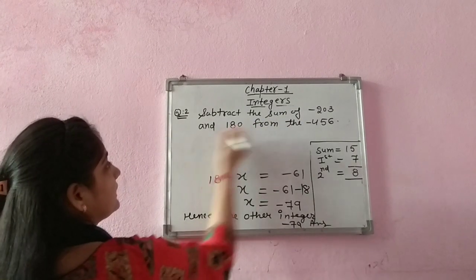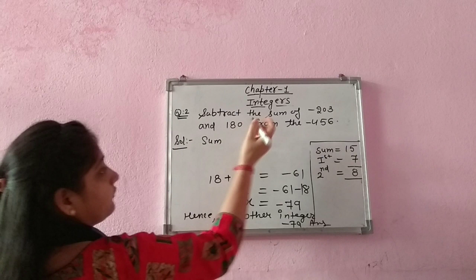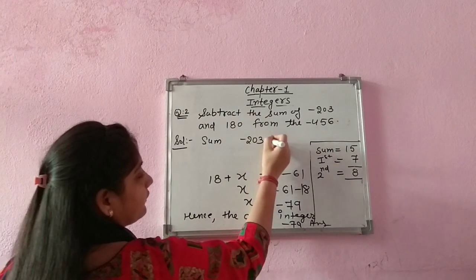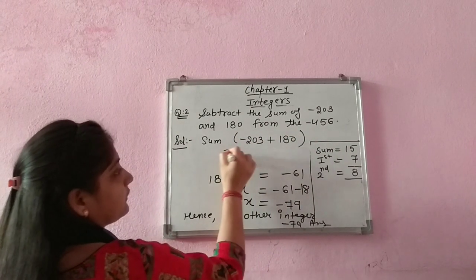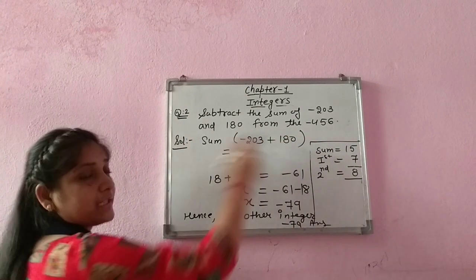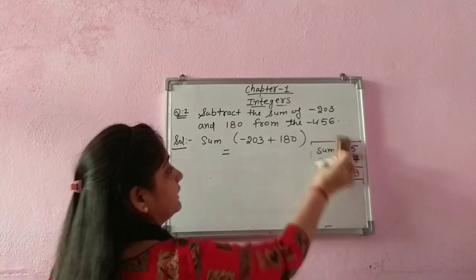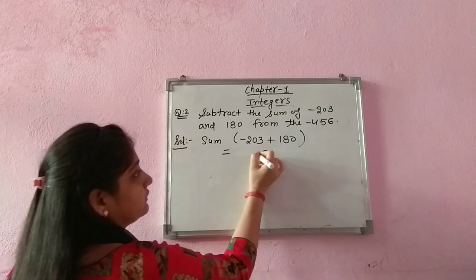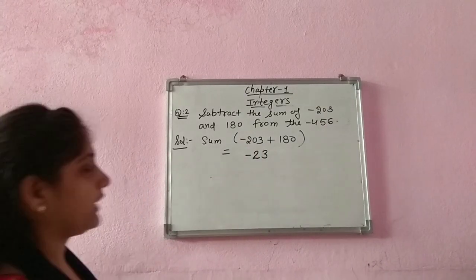First we are finding the sum of -203 and 180. When we are doing addition, we have to put the addition sign in between. Again, different signs, so we need to subtract. What do we get here? 3, 2 and with negative sign.